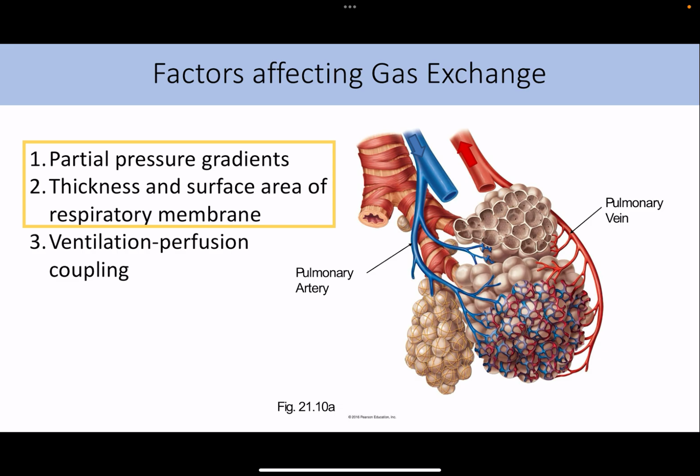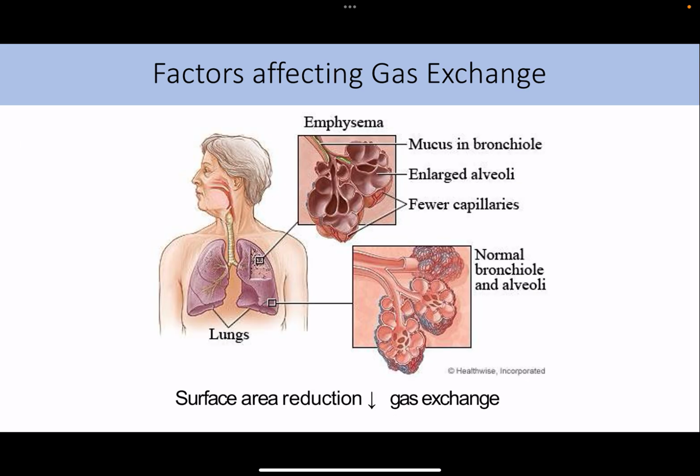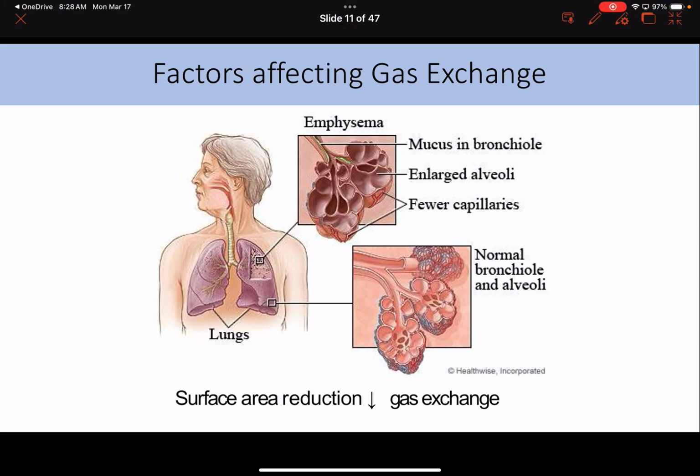One of them that you learned about in B32. What is the lung disease in which the walls of the alveolar sacs are broken down? Emphysema, yeah. And so with emphysema, you have this much surface area for gas exchange, lots of little alveoli.